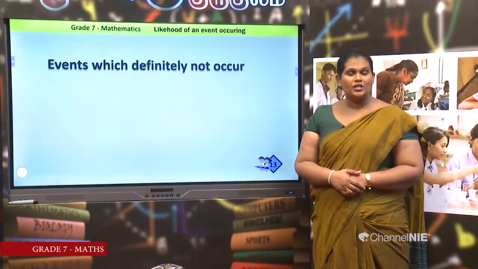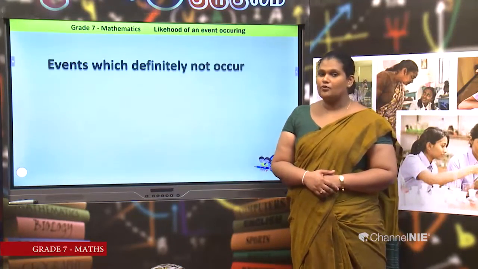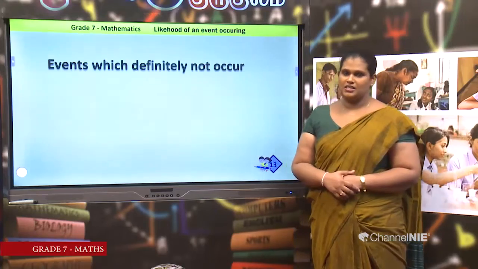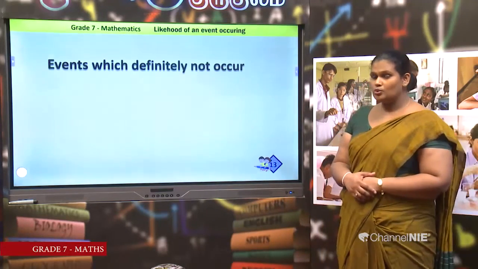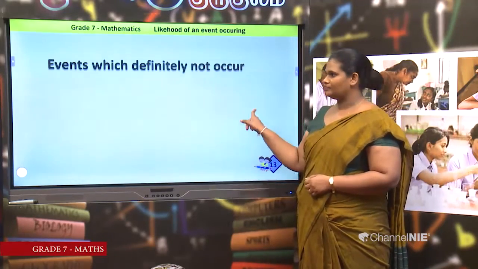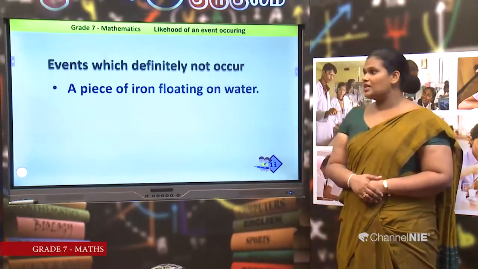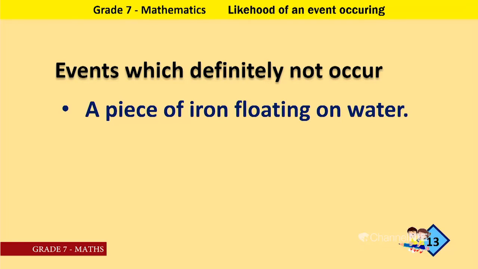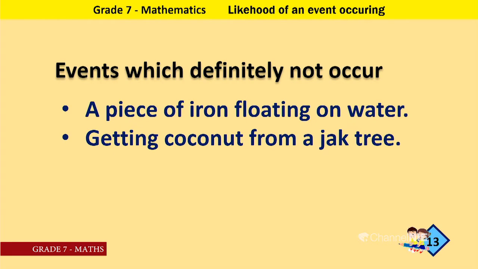Now we will talk about the events that would definitely not occur. We will go through some of them. First one, a piece of iron floating on water. The piece of iron would never float on water. Next, when you plant a jack tree, you would never get a coconut from that tree.